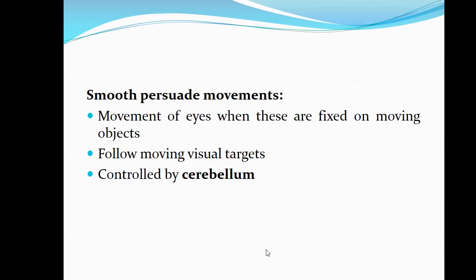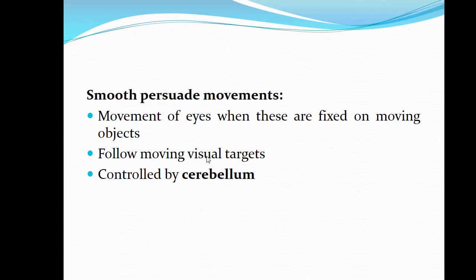You have fixed your eyes on an object, and that object is moving, and you will continue to follow that object. Now, in following that object, the movements which are produced in the eyes are known as smooth pursuit movements. So, smooth pursuit movements follow the moving visual targets.